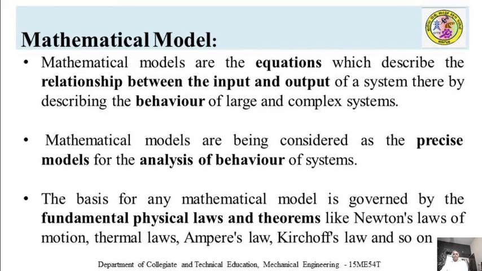So among different models, mathematical models define the systems very precisely. So mathematical models are the equations which describe the relationship between input and output of a system. So this explains the large and complex systems clearly in a precise way.